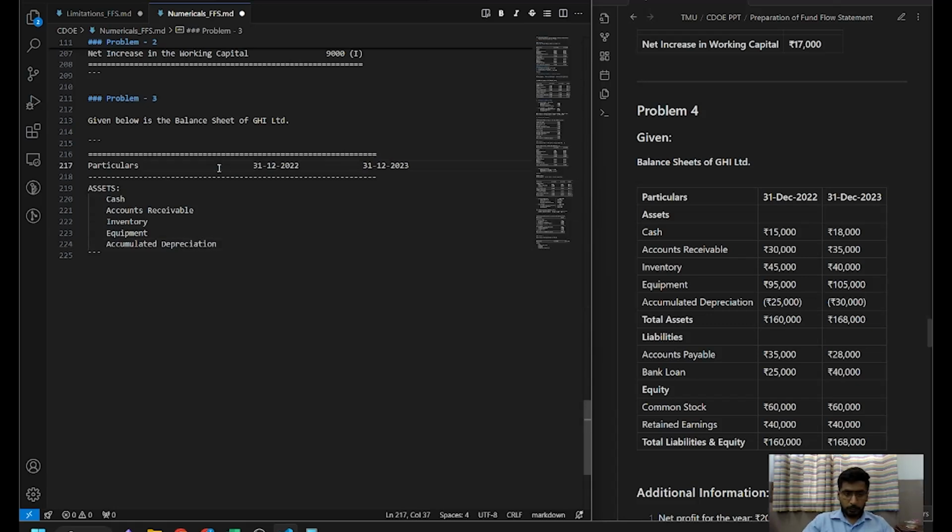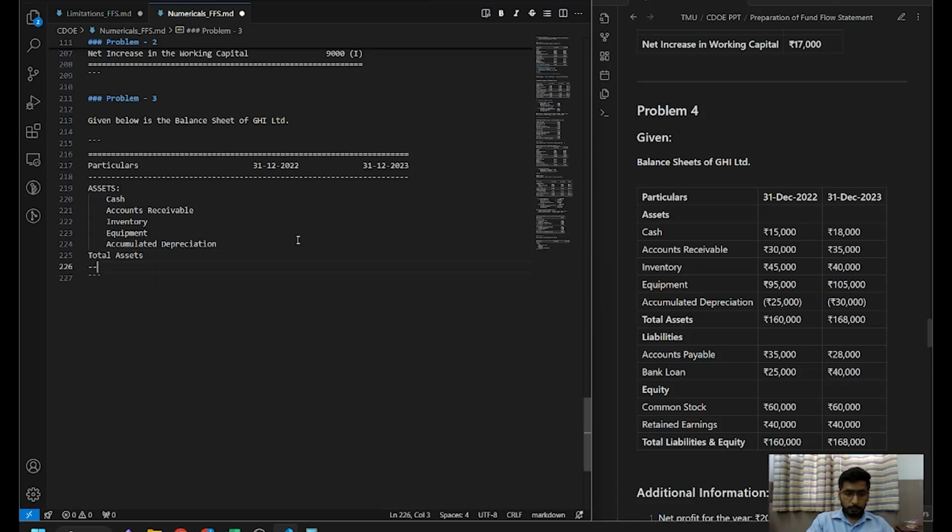Let us just move it further away in order to coincide. After the accumulated depreciation, my total assets should be calculated. This will be my total assets. Okay.